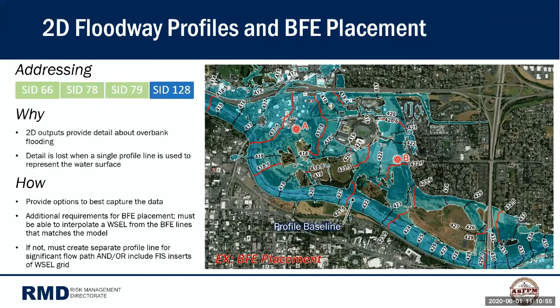And then the points A and B are maybe areas where you want to get more precise, and so even at those places you can get to the decimal BFE location, perhaps for those areas that aren't necessarily along a stream center line or a profile baseline, and where you may not have an easy way to get a BFE other than looking at the map and having those additional points to reference.